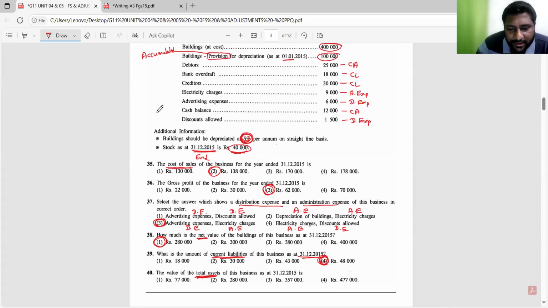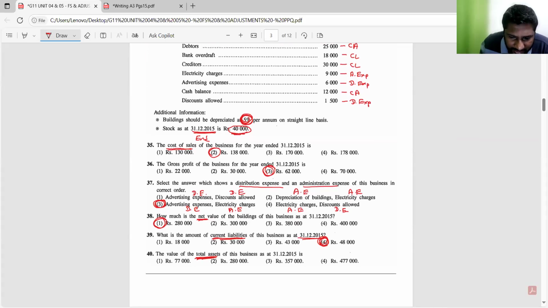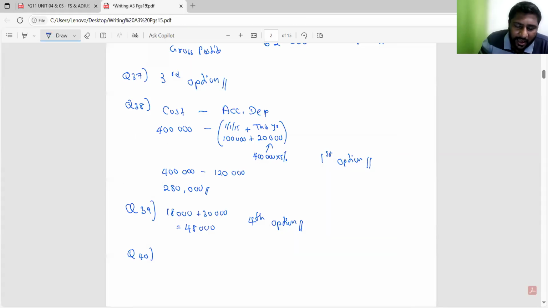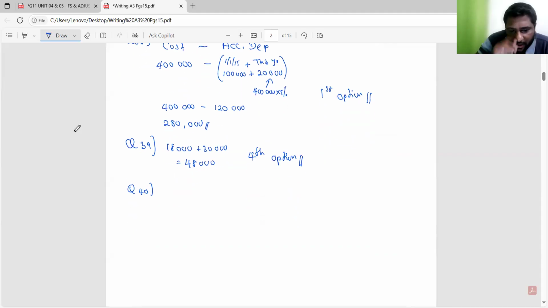So what are the assets we have as at 31st December? As at the last day, what are the assets that we have? One is the building. Building at a cost of 400,000, depreciated 120,000, carrying value 280,000.